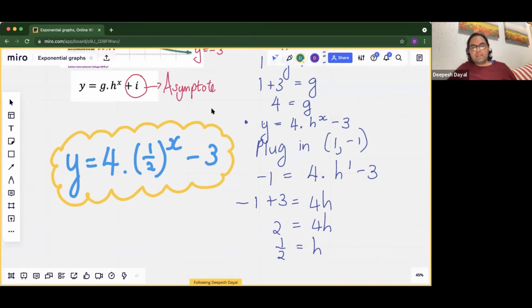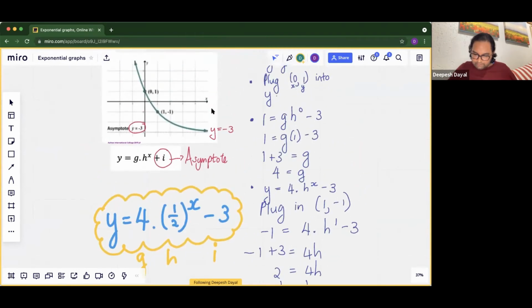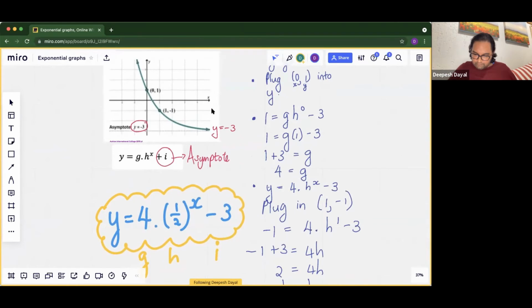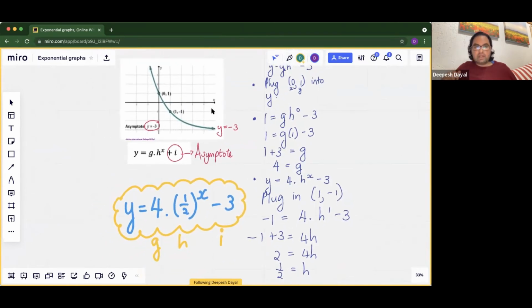Okay. Everybody happy with that? So we've got G, we've got H, and we've got I. And if you go back to your notes, remember what we said, when the G is positive, the graph will be looking like this.